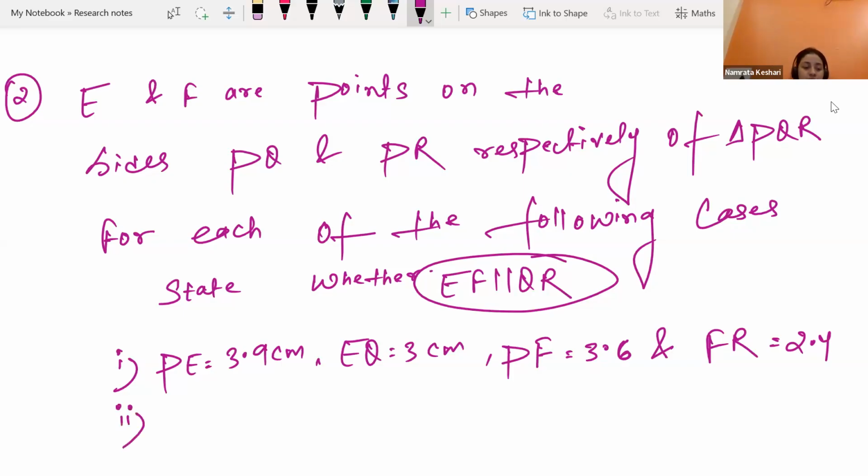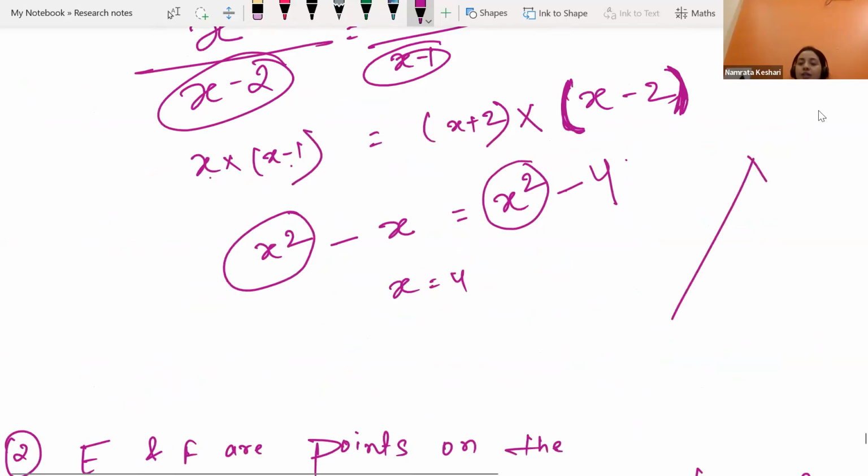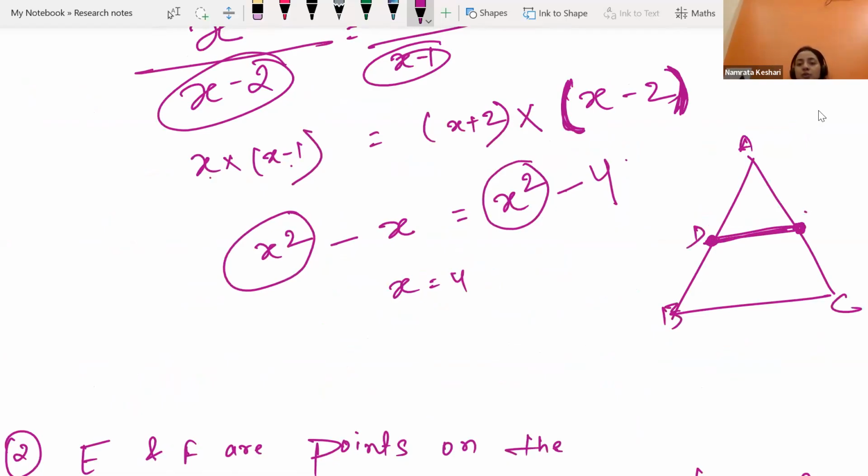Ma'am, can you repeat it? If we have a triangle in which there is a line which is intersecting two sides of the triangle and also dividing those two sides in equal ratio, this line DE is dividing the two sides AB and AC in equal ratio, AD by BD is equal to AE by EC.